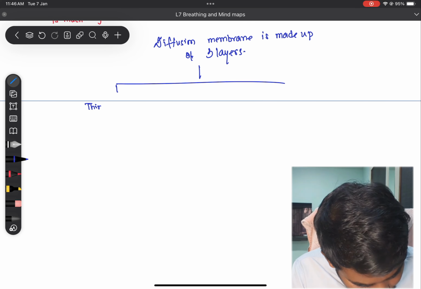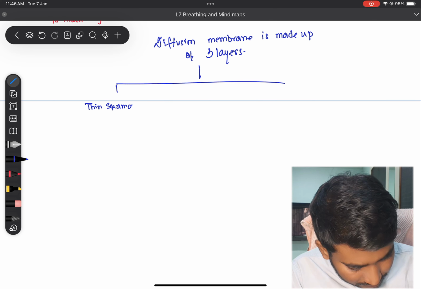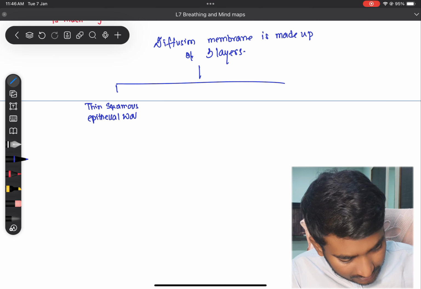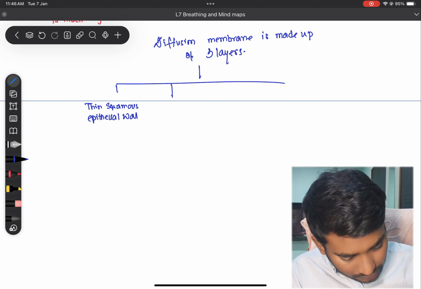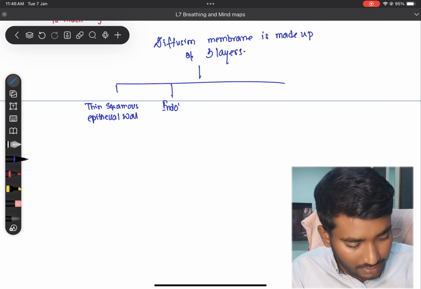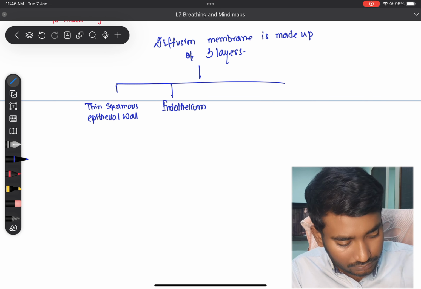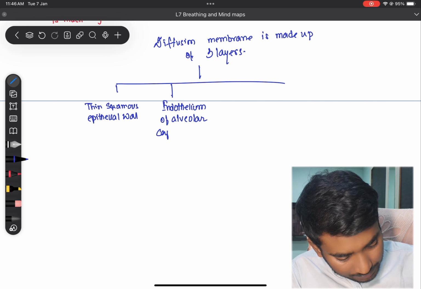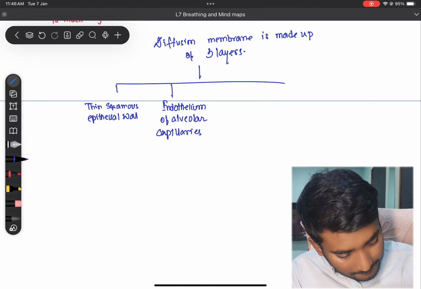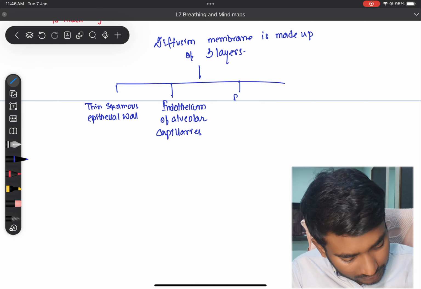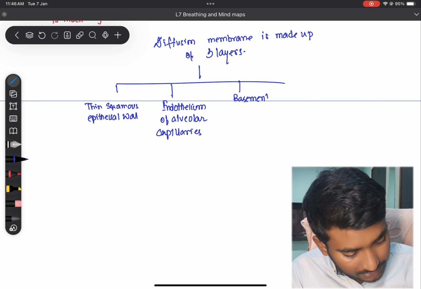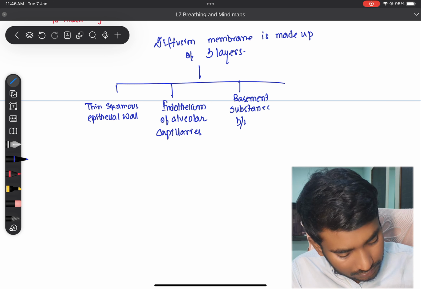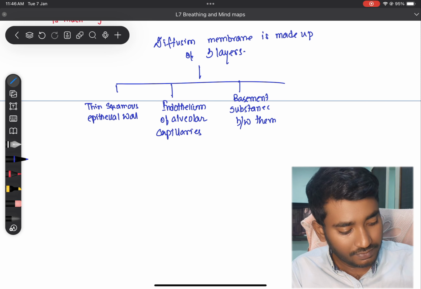The 3 layers are the thin squamous epithelial layer, the endothelium of alveolar capillaries, and the third is the basement substance between them.